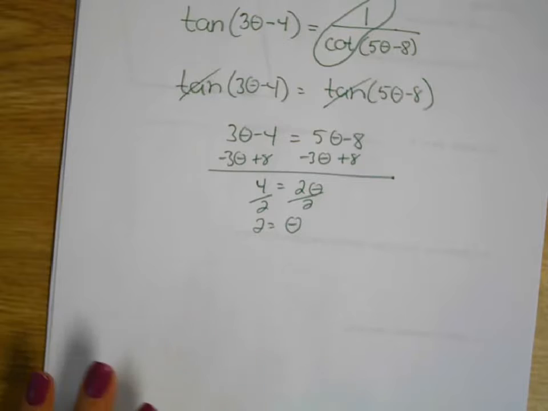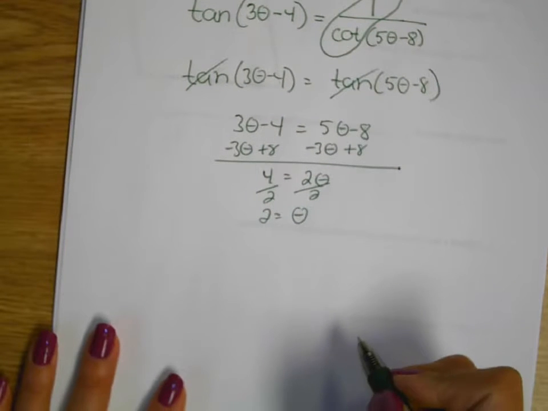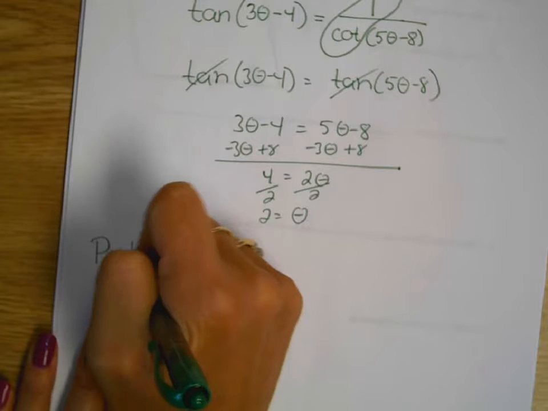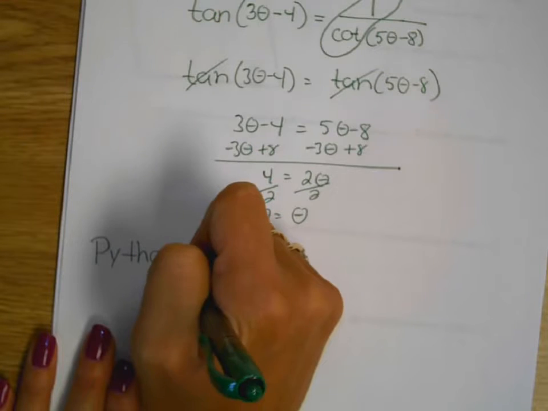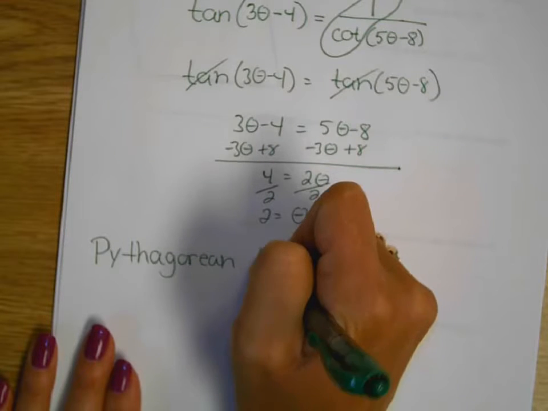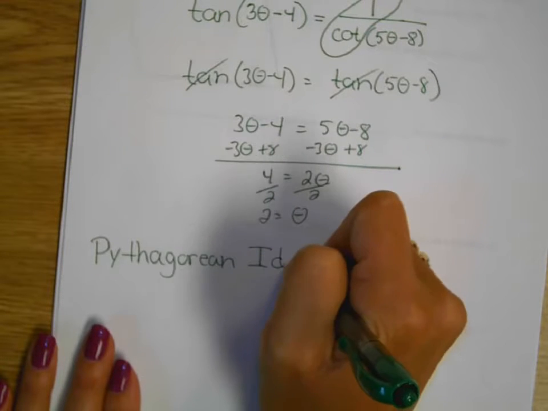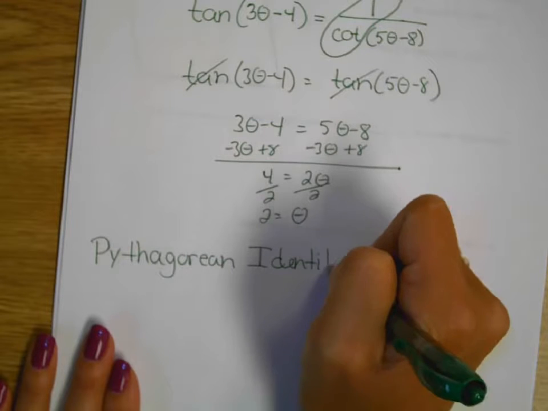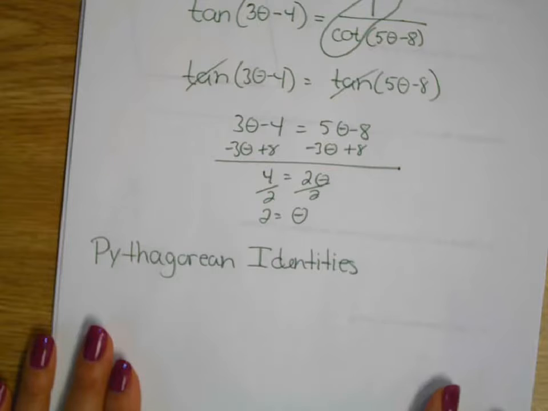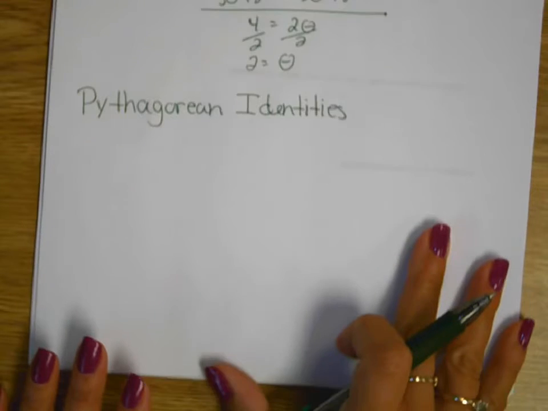Okay, one more set of identities. These are our Pythagorean identities. Obviously going to be using Pythagorean theorem.